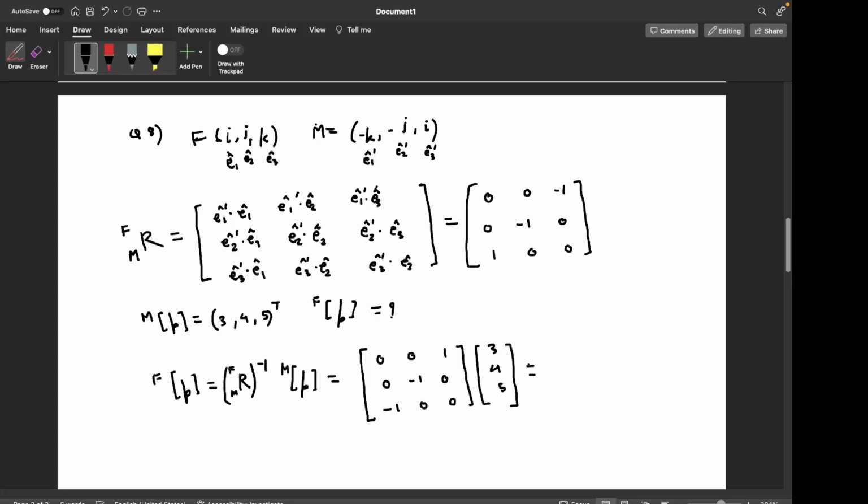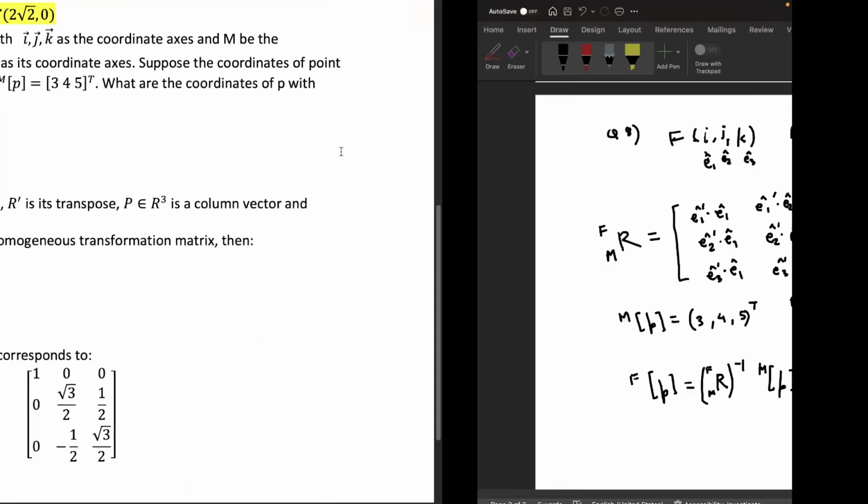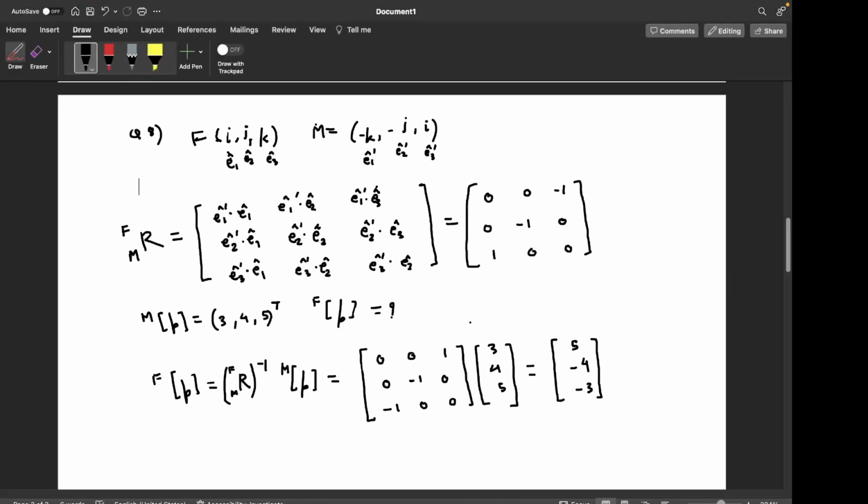So now we just do the matrix multiplication, which will give us another 3 cross 1 vector. This will be 5, minus 4 and minus 3, right? So we are getting the same value as we computed just by intuition.